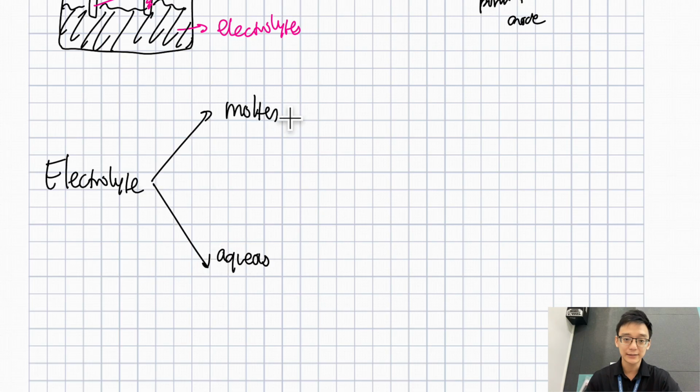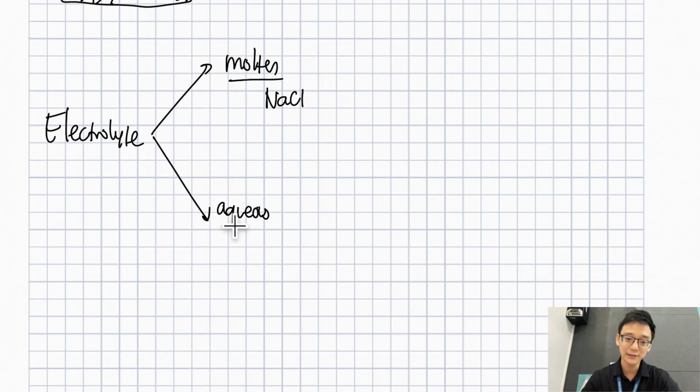Molten electrolytes contain only the ions from that substance, for example molten sodium chloride, so only sodium and chloride ions exist in this solution. While aqueous sodium chloride means that sodium chloride is prepared by mixing it with water, so water also exists here.